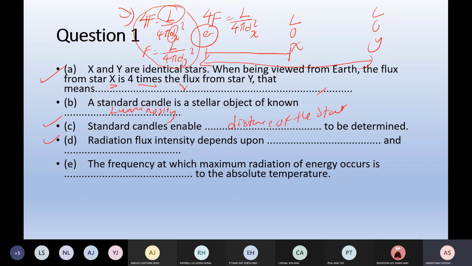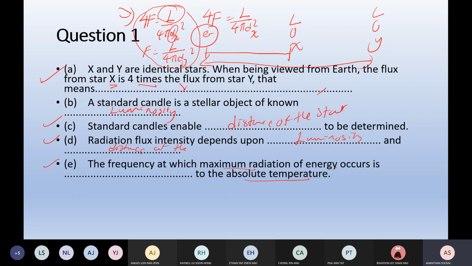And E, the frequency at which maximum radiation of energy occurs is how related to the absolute temperature?